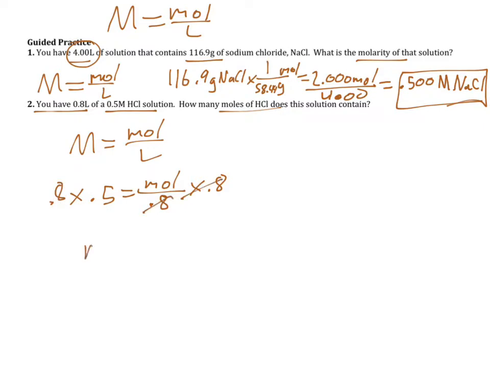And you end up with the moles is equal to 0.4. And this is 0.4 with sig figs. Moles of HCl. That's how many moles of HCl you have.